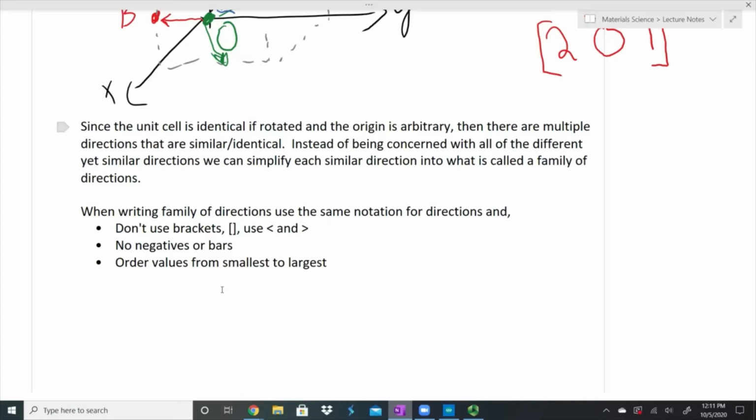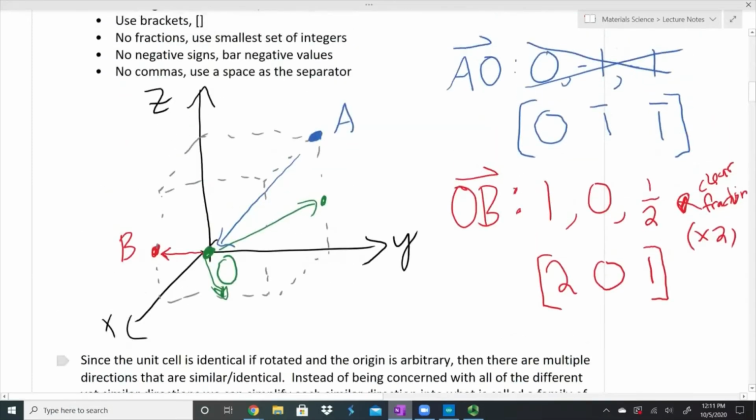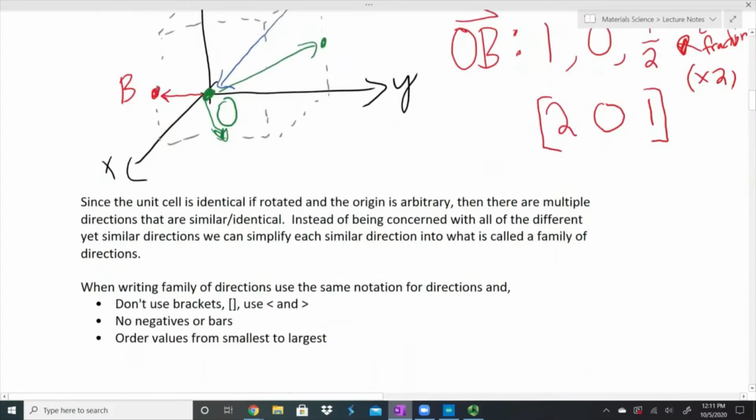The reason we're not allowed to have negatives is because, just like A here, I could have flipped the arrow into the other direction. I could have had it going from the origin to A, and that's the exact same vector. And if I were to do that, there would be no negatives. So there's no reason to have a negative when I'm just talking about an arbitrary direction.